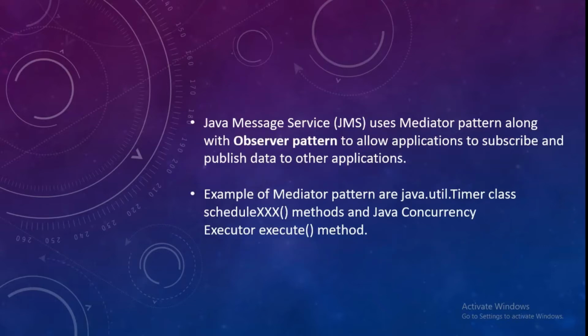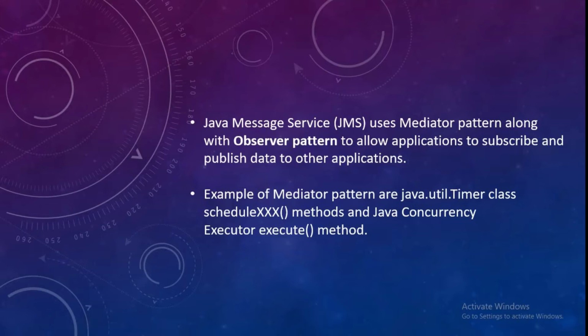If we take an example in the Java JDK, JMS is the best example. JMS is based on the mediator design pattern along with the observer pattern. In this video we are discussing the mediator pattern, and in the next videos we will discuss the observer pattern also.